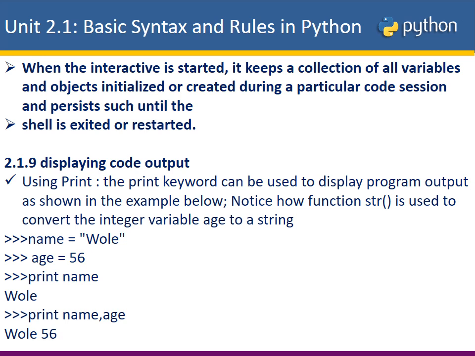So when we print the name and age, we have Wole and 56 as the age, name Wole, age 56. That is the result of the program output.